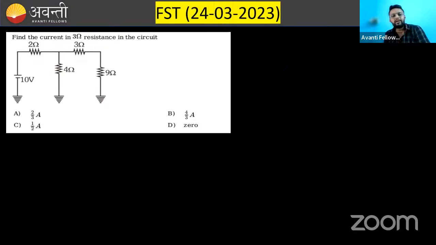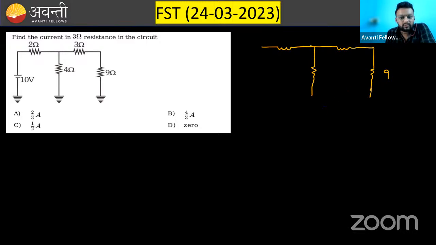Okay, let's just redraw the diagram. There is a 2 ohm resistor, another 3 ohm resistor, a 9 ohm resistor, a 4 ohm resistor, and there is a 10-volt battery. That's what is given.